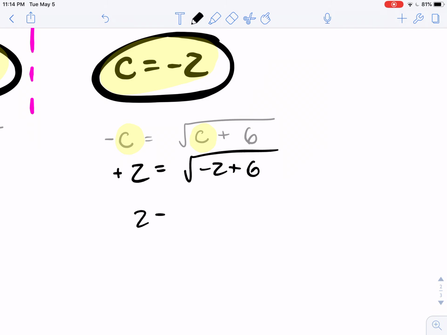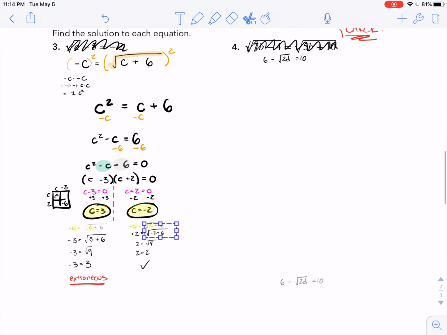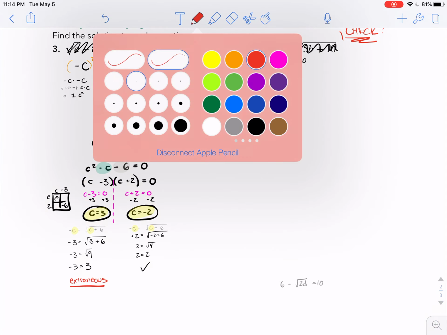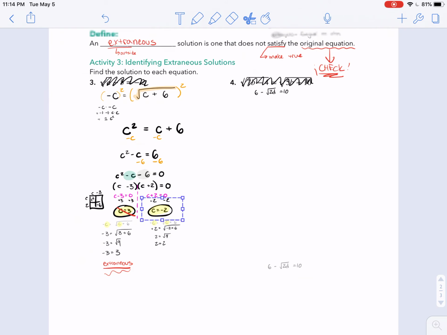Well, that's the square root of 4, and the square root of 4 is 2, and 2 is 2. Cool. You could even say it's radical. So it worked. We didn't get an extraneous solution here. When we get an extraneous solution, we cross it out. That doesn't work. Don't include it. So our only solution here is that c equals negative 2.